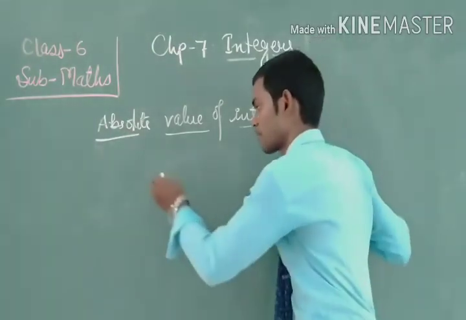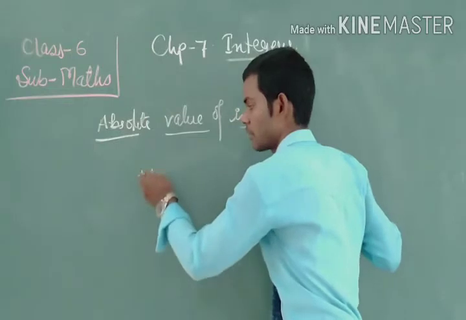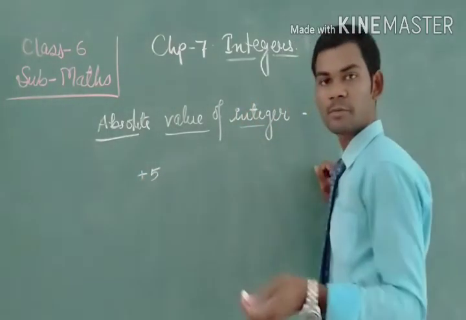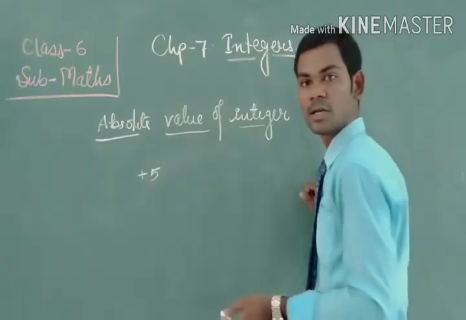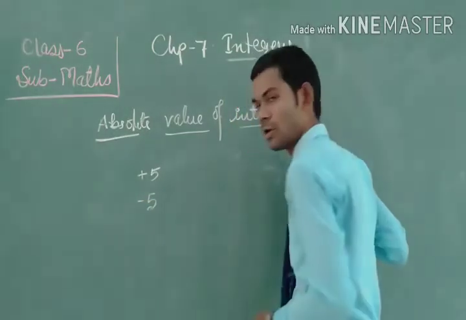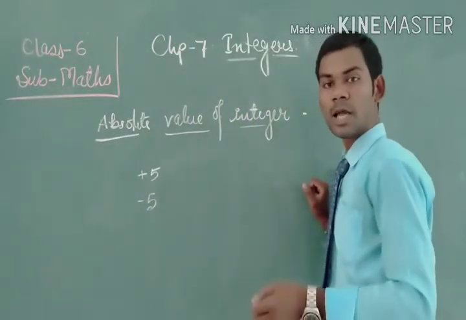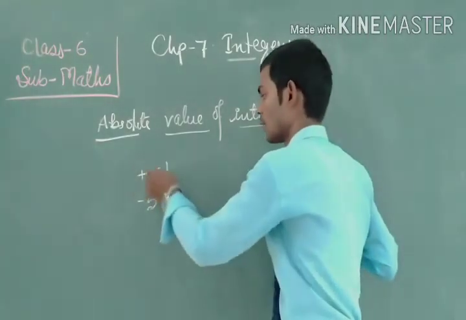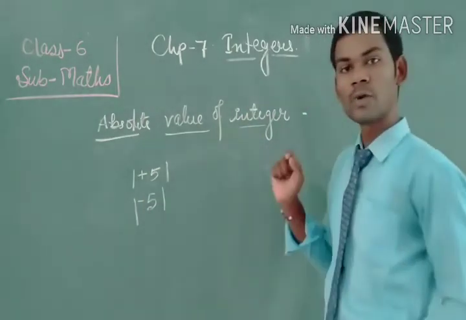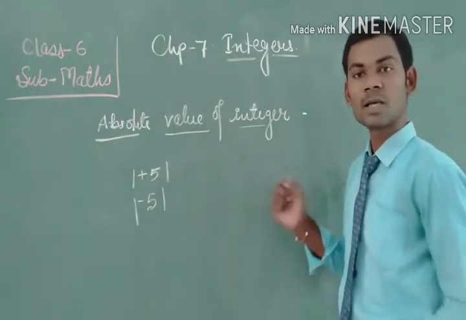As we write a positive integer with a plus sign, and a negative integer with a minus sign. But when we find the absolute value, that is, when we write it in mod, we just write the value without using the sign.